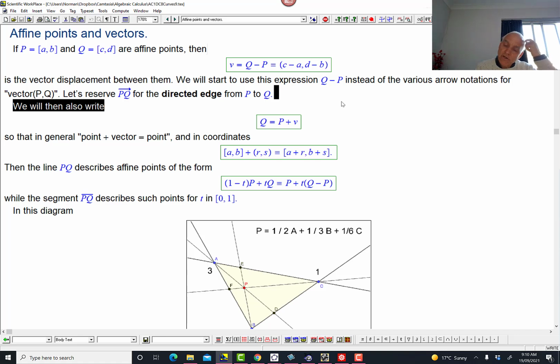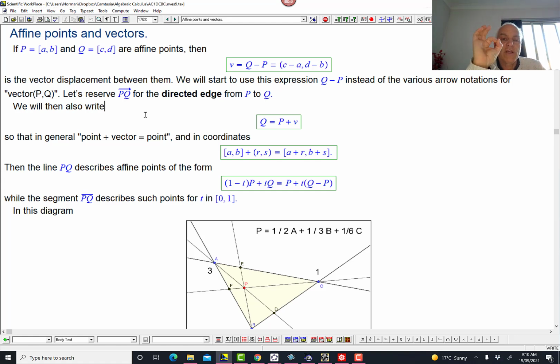Now, traditionally in engineering and math and physics, vectors are often represented with qp with an arrow over it, or pq in this case with an arrow over, or sometimes an arrow underneath, or sometimes a little wavy line underneath or over. So there's quite a lot of notation. And in fact, often the notation for a vector has a little harpoon, so it's a one-sided barb, not a two-sided barb.